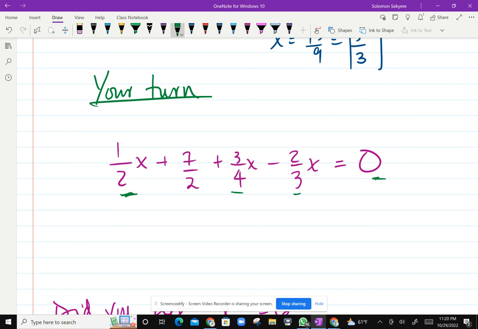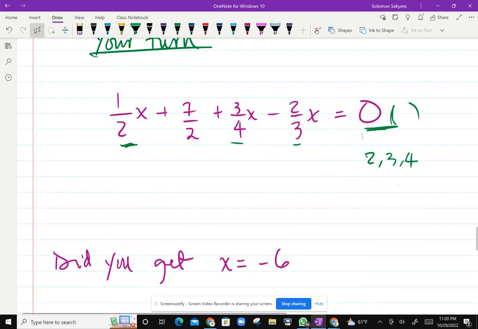You can say, what is the LCM of 2, 3, and 4? Use the LCM to multiply every term, including the right side here, which is still going to be 0.